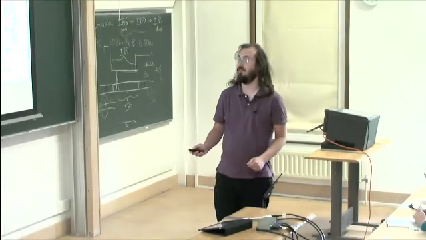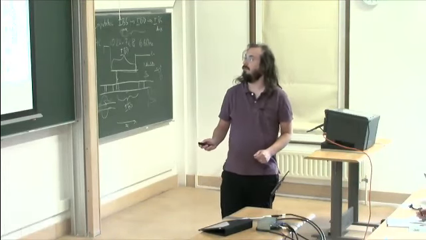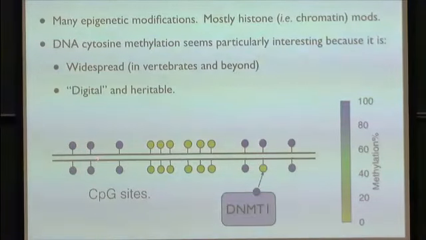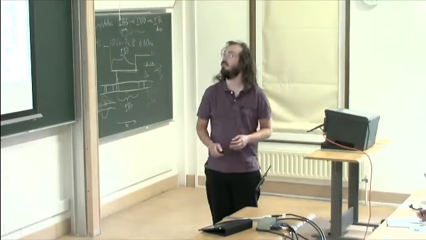CpG sites obviously are symmetrical in double-stranded DNA. If we draw double-stranded DNA with methylated sites in blue, unmethylated in yellow, that's a fairly standard colour code that I'll be sticking to through the talk.